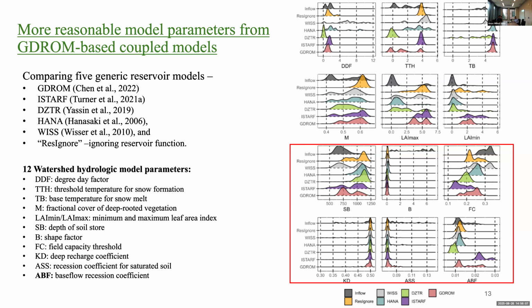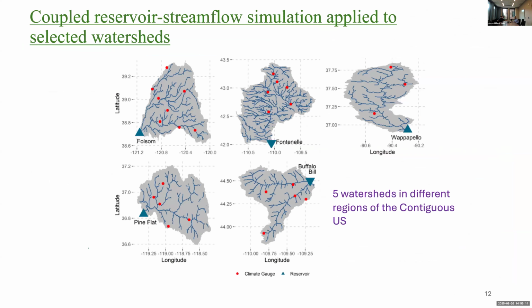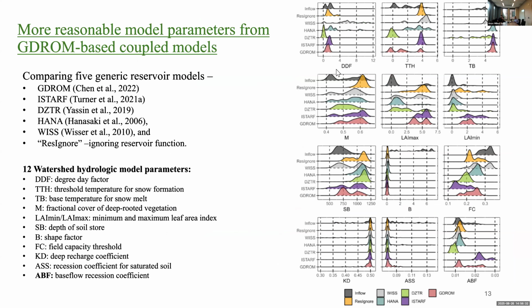Above all these reservoirs, there are no other reservoirs, so we can treat them as a kind of natural watershed without the impact of reservoir storage. So the parameter under this inflow scenario is from that part without the reservoir.